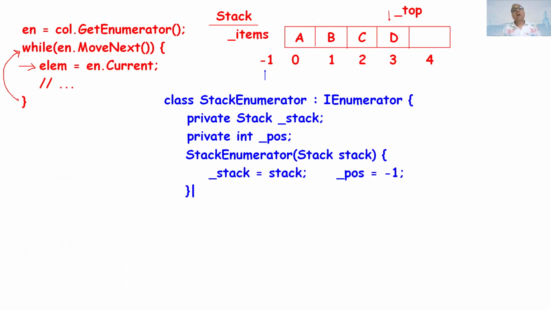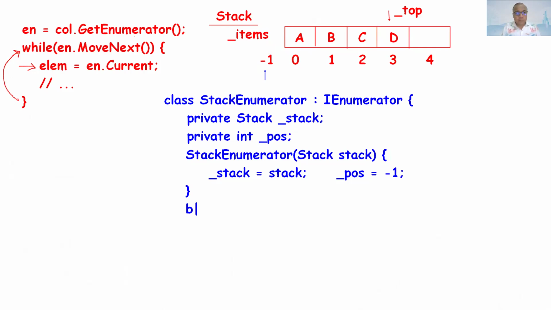That's good. Now I want to implement the actual methods like MoveNext and Current, which are the most important methods. So MoveNext will take me to the next position if possible and return true. If not possible, it will return me false.